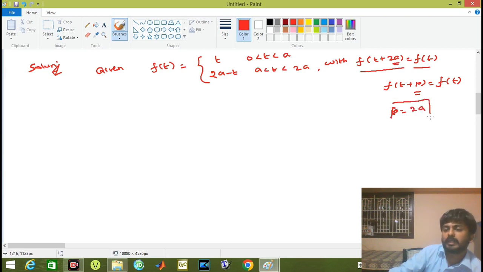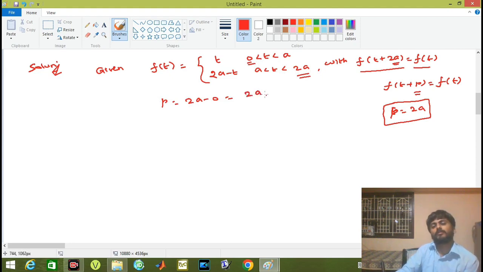You can easily guess the value of p from this condition, or else you can subtract the initial value from the final value of the interval. So p equals 2a minus 0, that is 2a.